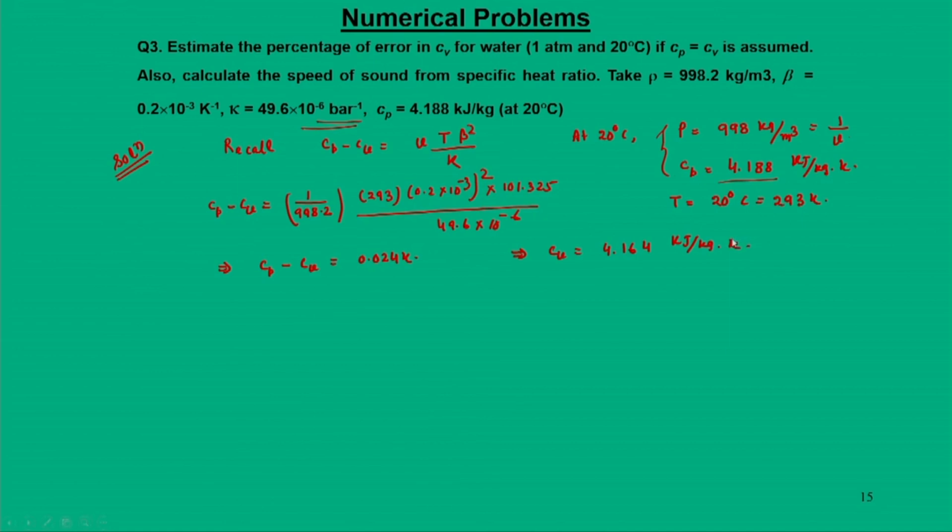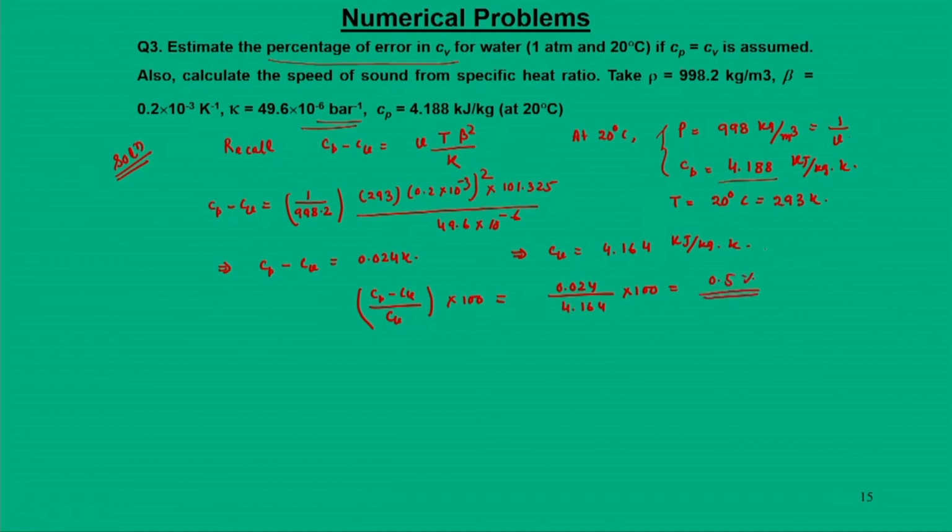So, the question arises: what is the percentage of error in Cv? We can now take the ratio Cp minus Cv by Cv, and if you want to find the percentage, multiply by 100. This is 0.024 divided by 4.164 into 100, that is equal to 0.5%.